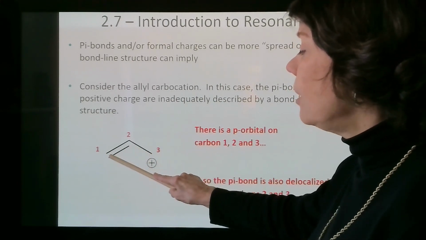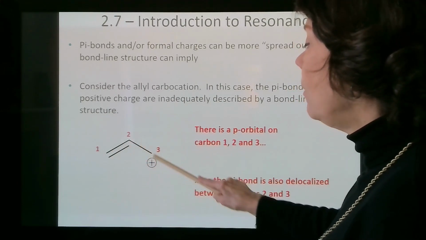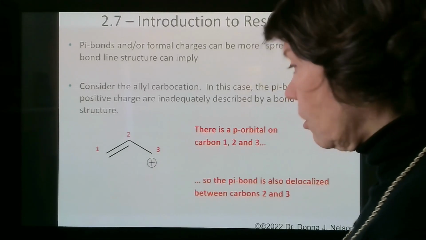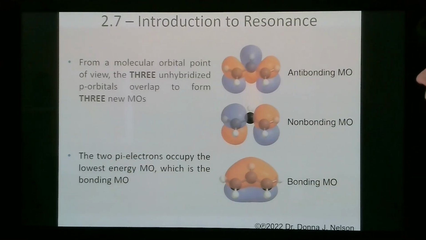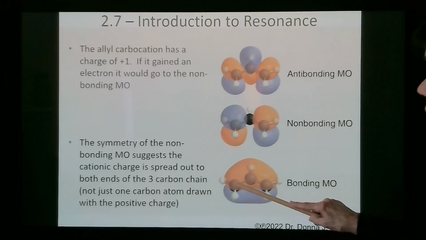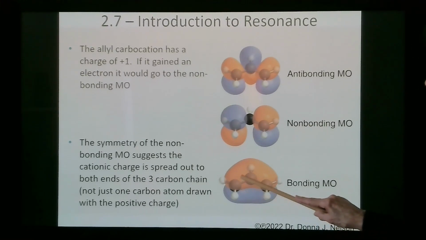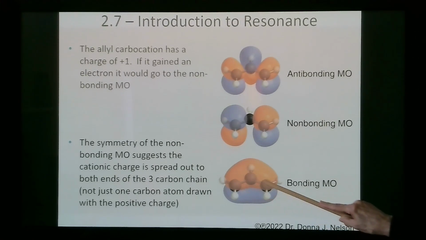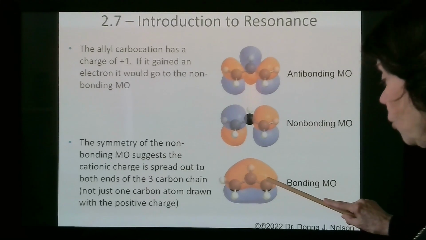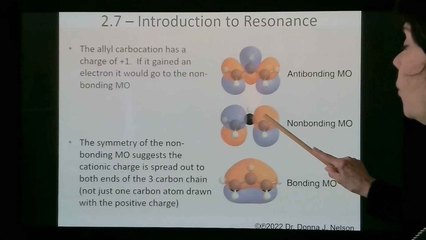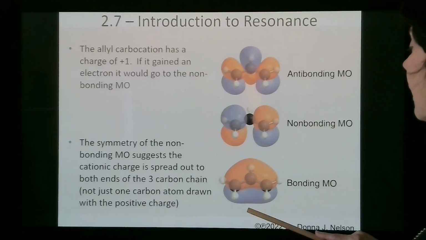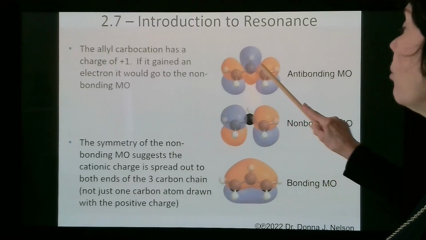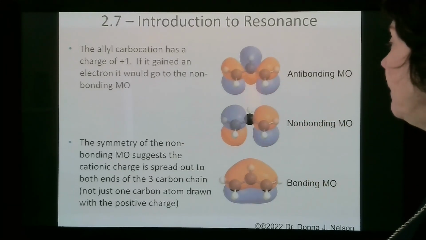These 2 electrons will go all the way across the pi system. They will go in the lowest energy bonding molecular orbital. You will have 0 in the non-bonding molecular orbital and 0 in the anti-bonding.